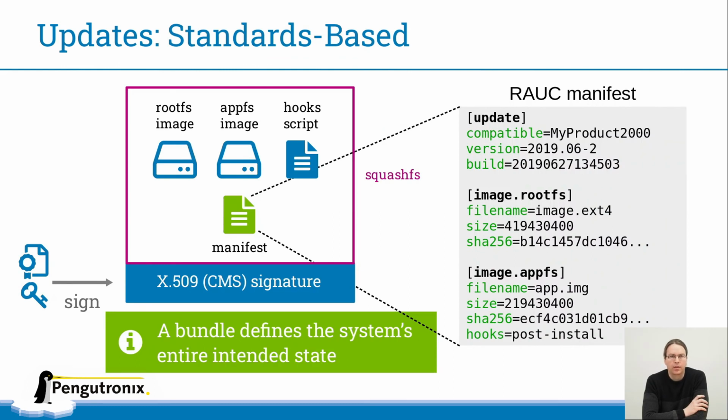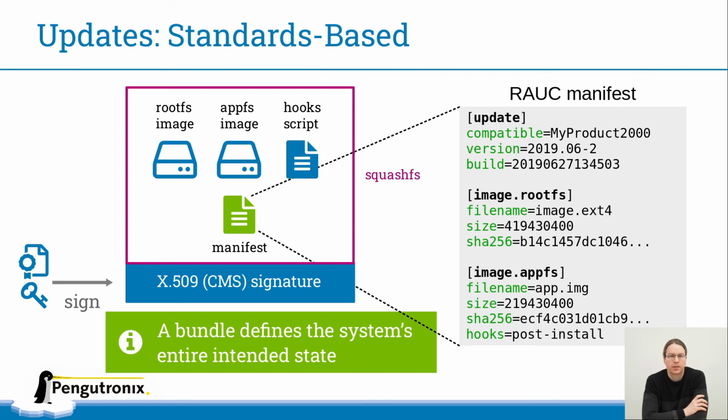And we built RAUC in a standard-based way. So for the signatures, it's basically X.509, the standard signatures used by OpenSSL in the CMS format. We have a squashfs as the bundle, as the update container. It's based on glib, uses the PKCS#11 standard for accessing hardware security modules, uses curl and dm-verity.